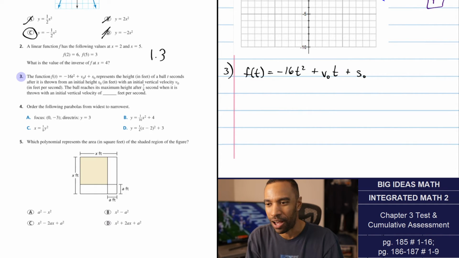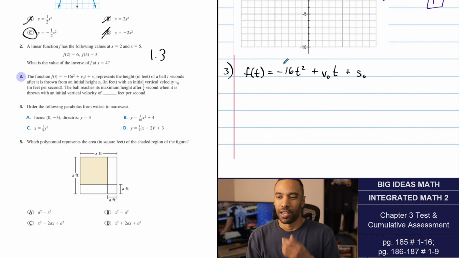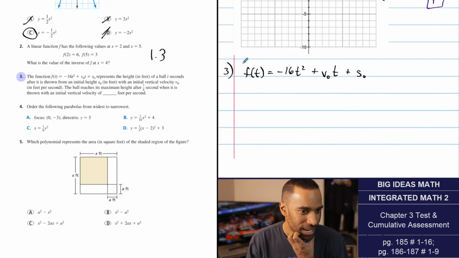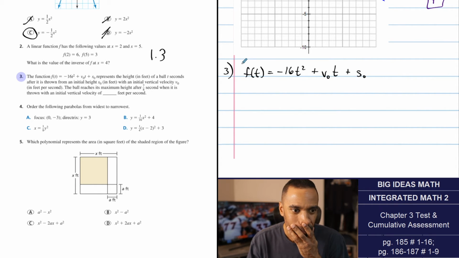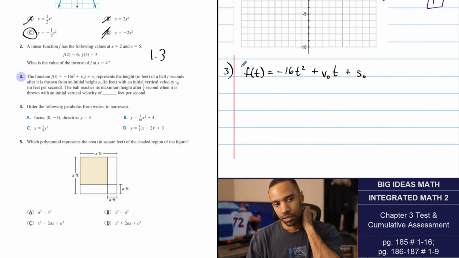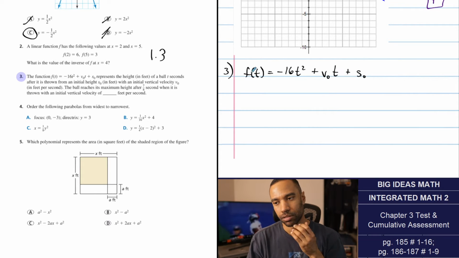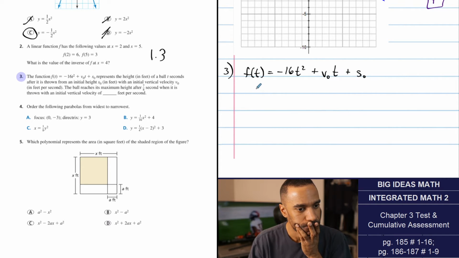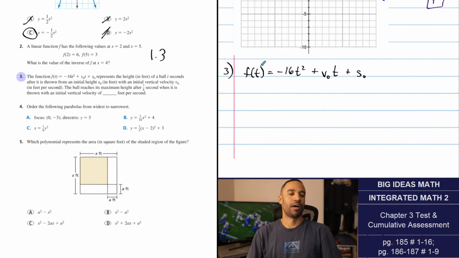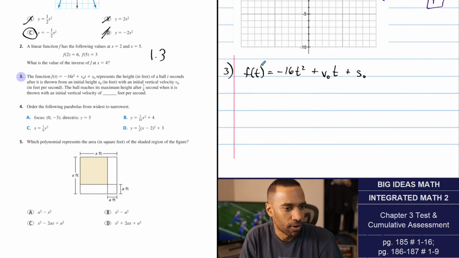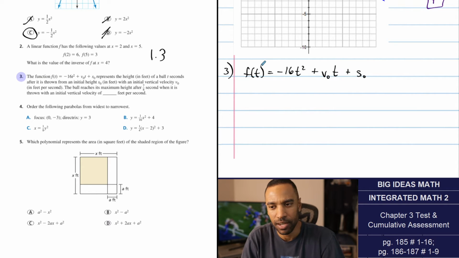Okay. I'm going to go with vertex form. I want to think about this one. If I do vertex form, after 7/8 of a second, I'm trying to think.